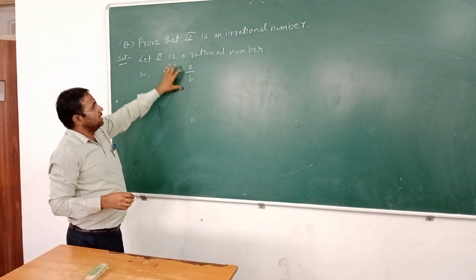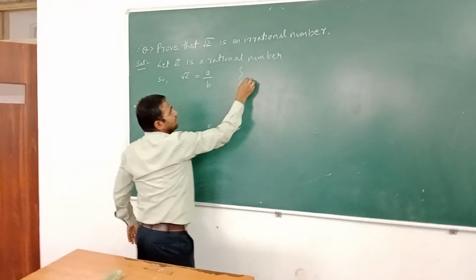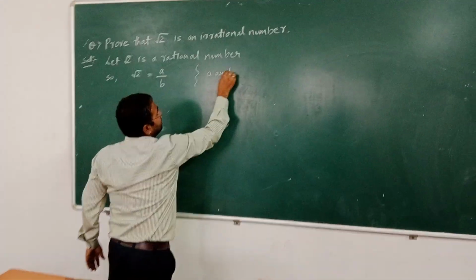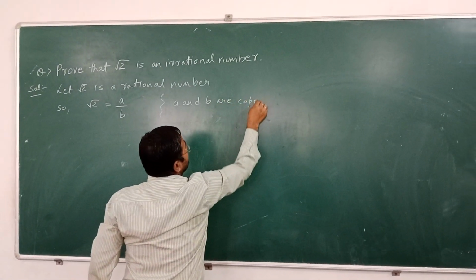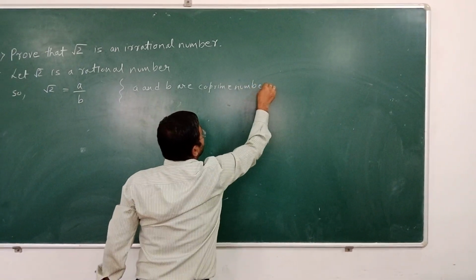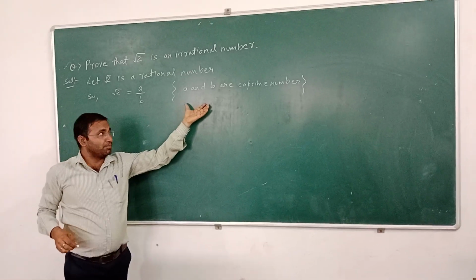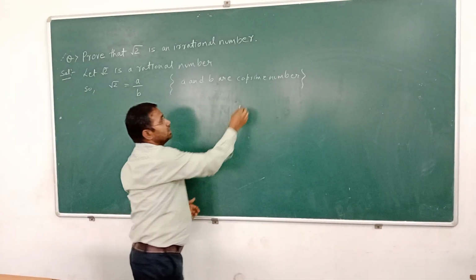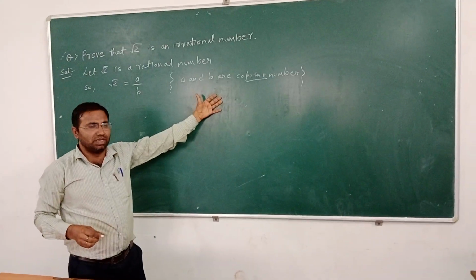Okay. So now see here, we have written a upon b. Now here in brackets we will write down: a and b are co-prime numbers. Okay, a and b are co-prime numbers. Co-prime numbers means a pair of numbers whose common factor is 1.